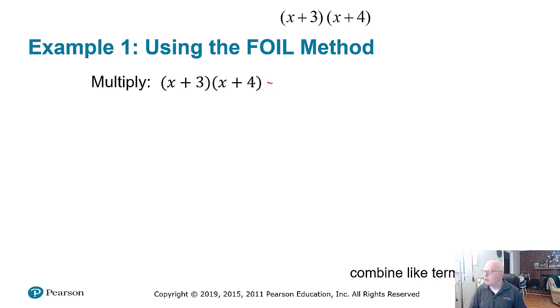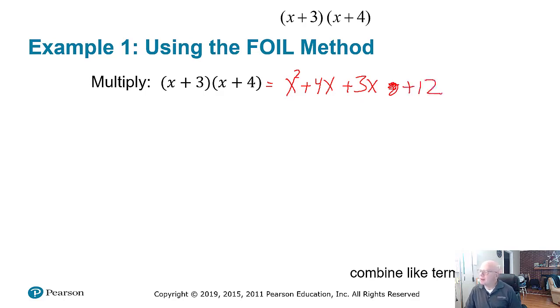So we want the product of these two binomials. First, x times x, x squared. Outside, x times 4 is 4x. Inside, 3 times x, 3x. And the last one, 3 times 4, plus 12.